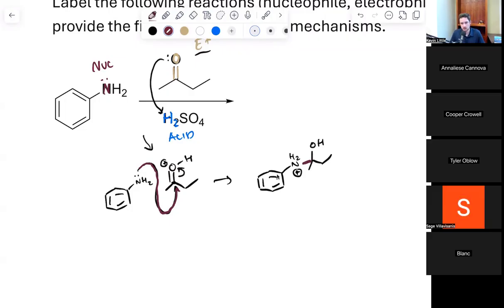It's the bond between that nitrogen and that carbon. This double bond goes up, and it actually turns into a lone pair up here, which neutralizes the oxygen. So this is what I'm looking for. Can you do these first two steps? Can you understand? I've got a nucleophile, I've got an electrophile, I've got an acid. That's what's going to happen.